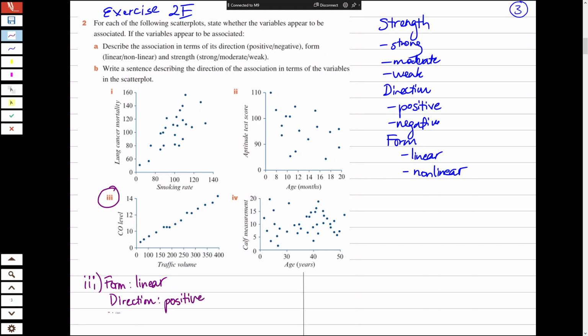And strength, strong. So if I draw a straight line, it's very easy for me to draw a straight line around which the data is tightly clustered. So this is probably the most straightforward one. It's strong. Okay, so that's good.